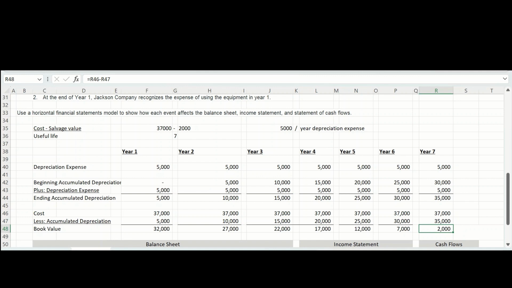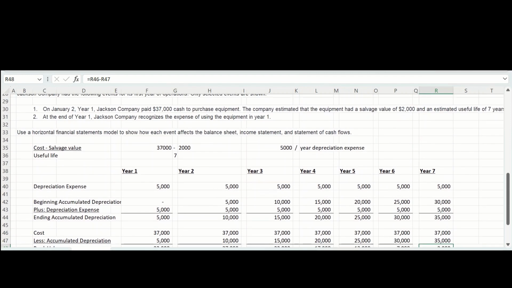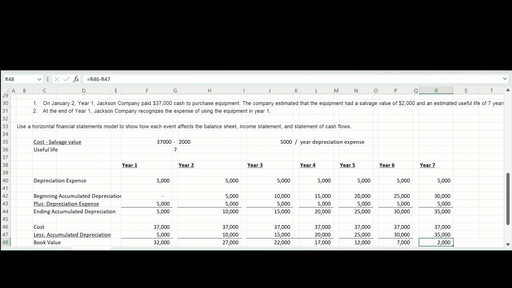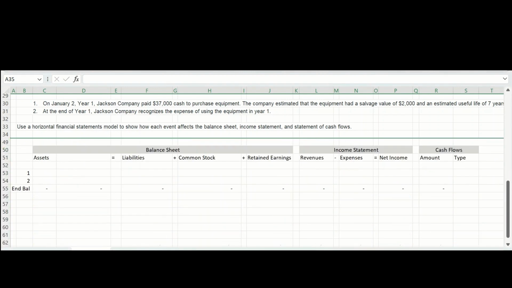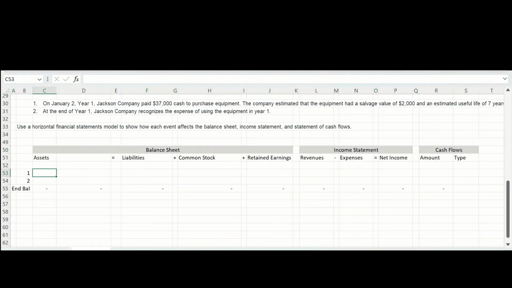All right, so now we know how the depreciation expense and accumulated depreciation affect book value. So let's move into showing how the two transactions we just discussed show up on the horizontal financial statement model. So in the first one, again, we have Jackson Company paying $37,000 cash to purchase equipment.